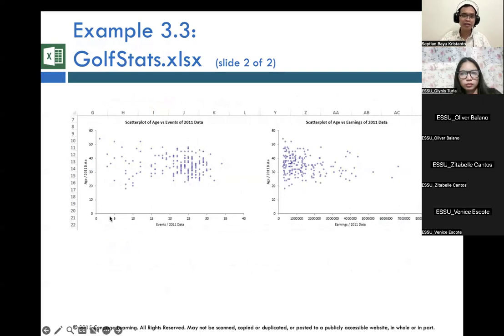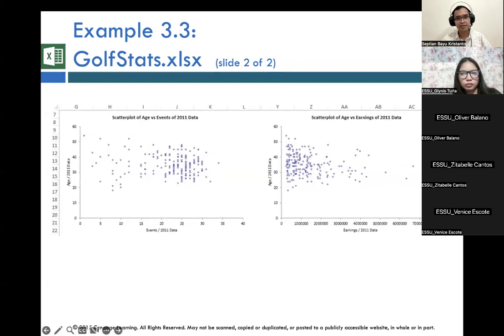For example, the x-axis for the events and the y-axis for the age. It is similar with the y-axis of age and the x-axis of earnings. So you can create a scatter plot like this one, and we can predict whether this data represents random numbers or random possibilities.